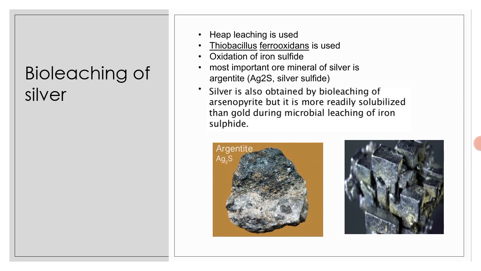If you remember, in the last lecture we discussed the bioleaching of gold, and one important step there was the pre-treatment of the gold, so that the gold particles are available for leaching with the help of cyanide leaching. In this case the silver is more soluble than the gold with the bioleaching process.